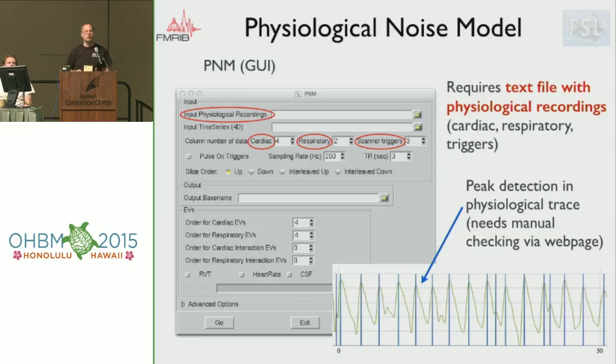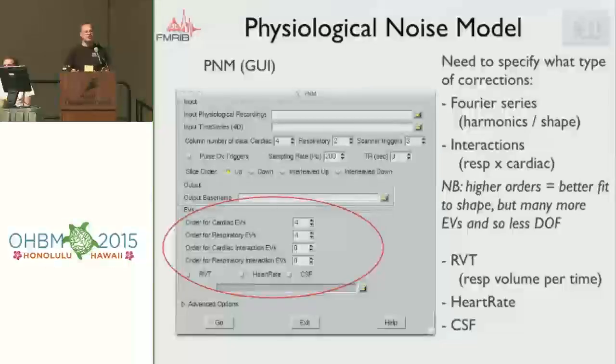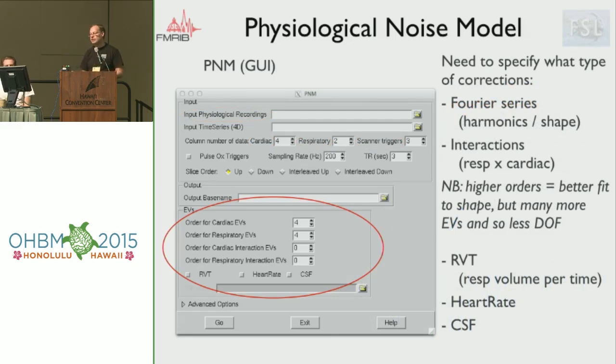One is, if you've got recordings, we have a tool called PNM, physiological noise modeling, and that allows you to take those recordings and it will do a RETROICOR-style correction. It will detect the peaks of all the different things within your data, and then model that using Fourier models, and it also allows you to have RVT or heart rate or a CSF-derived regressor.